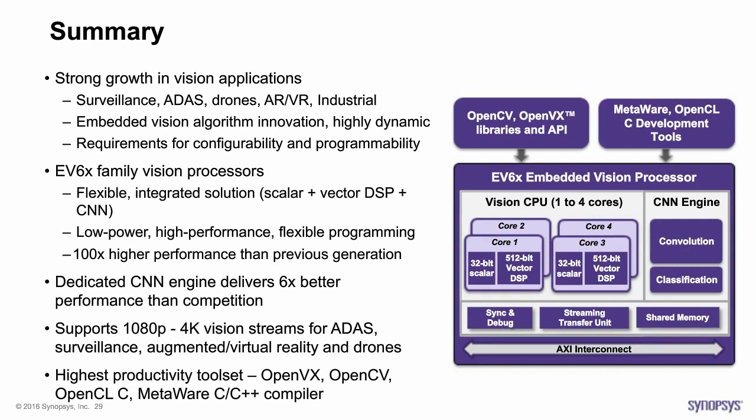So we have customers that are looking at using it at 55 nanometer, which, for their application, makes sense. For most applications, it wouldn't. But the processor has been designed to be used with 28 nanometer technology and more advanced. We have customers looking at 16 FinFET processes and also 10 nanometer today.